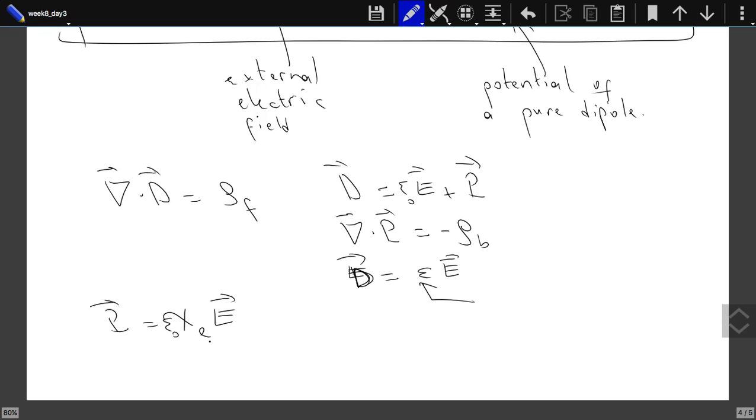Once we know the polarization, the surface charge density is just the normal component of P. So once we know P, we can calculate the surface charge and also the bound charge, if there are any, the volume charge. So the idea is we parameterize these effects of the bound charges in this parameter epsilon, permittivity, and using that relation, we can find the electric field, and once we know the electric field, we can determine the polarization and hence the bound charges.